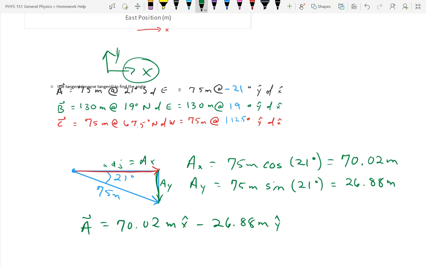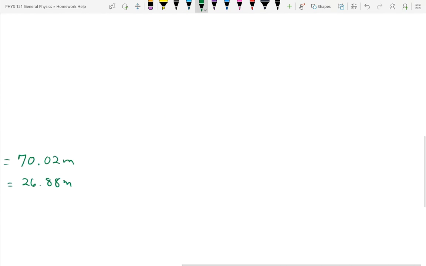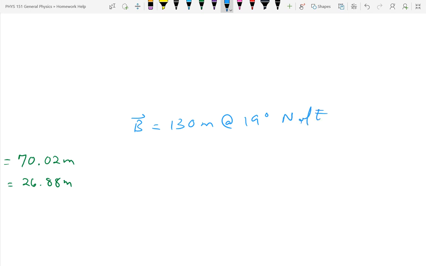My B vector was, so I'm going to draw that, and it has the two legs.